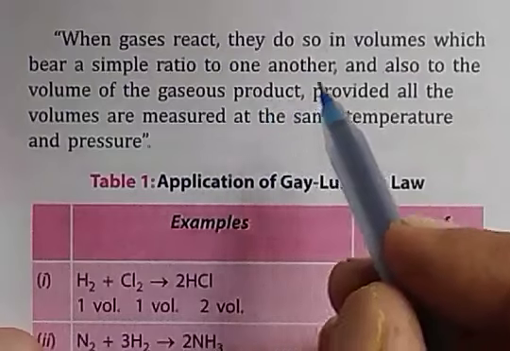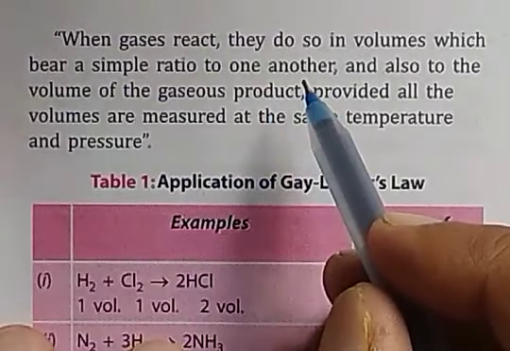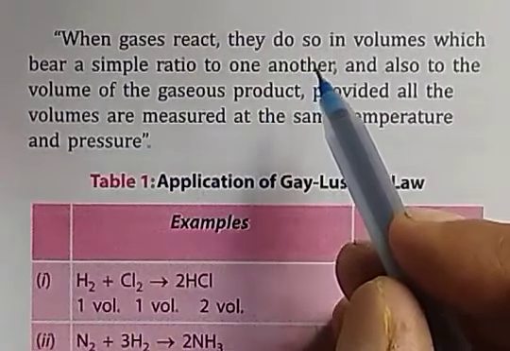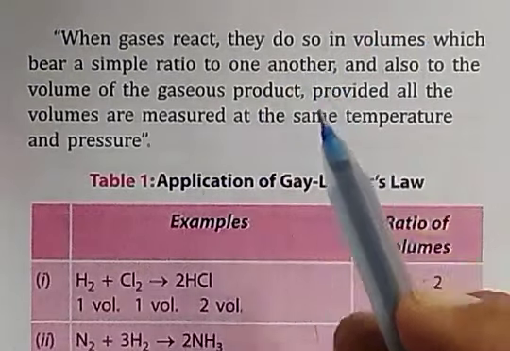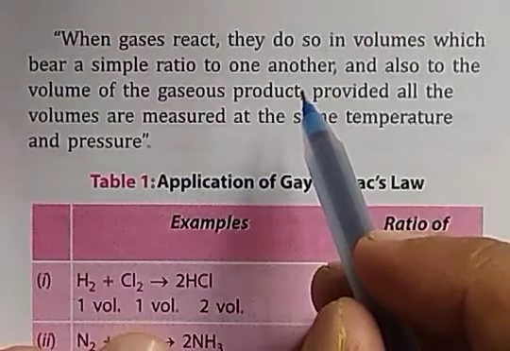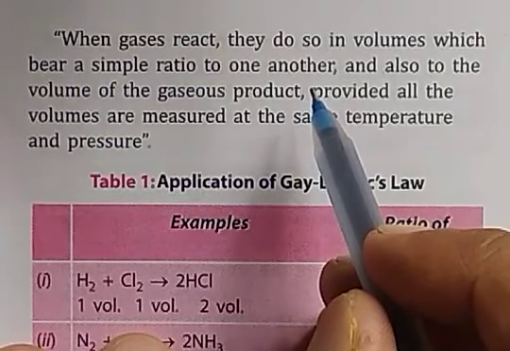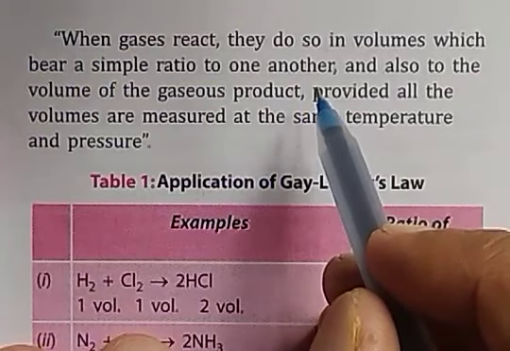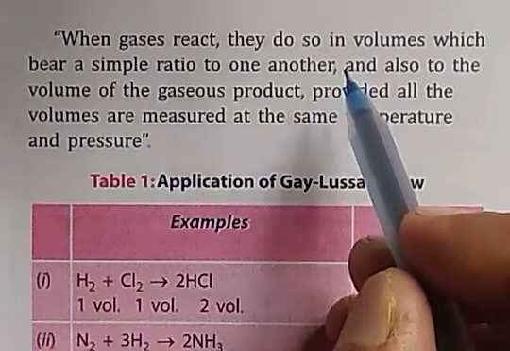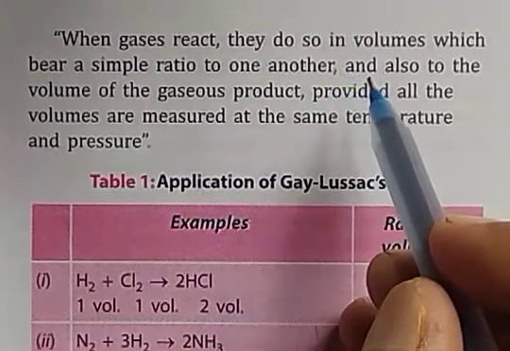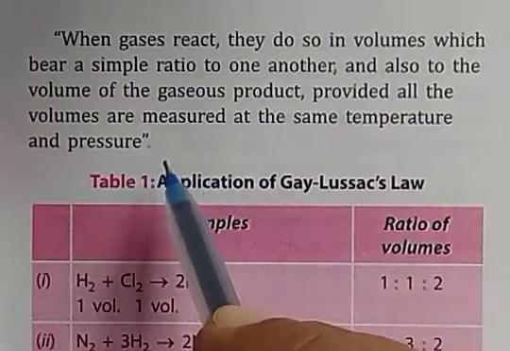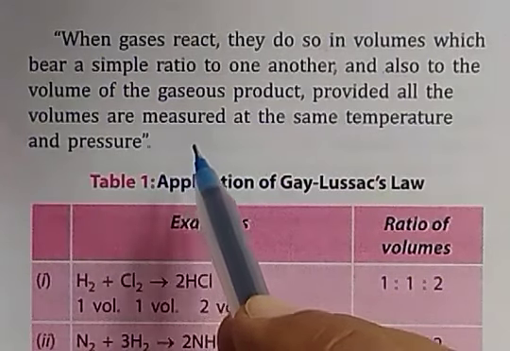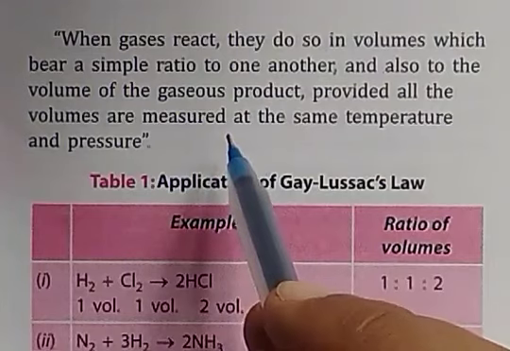So when gases react or produce, they always combine in a simple ratio to one another and also produce the product in a simple ratio, provided the volumes are measured at constant temperature and pressure.